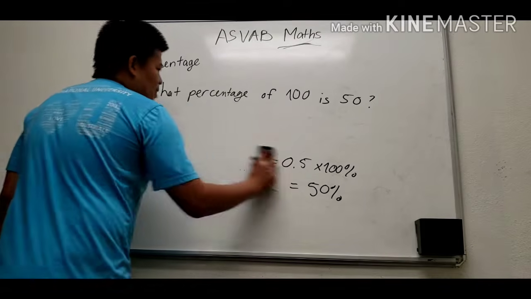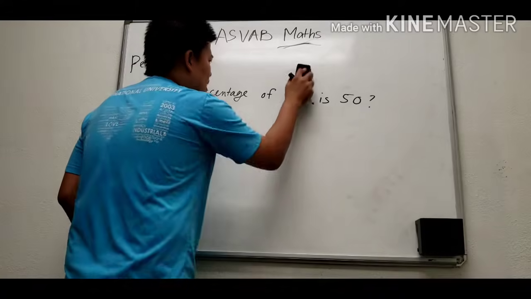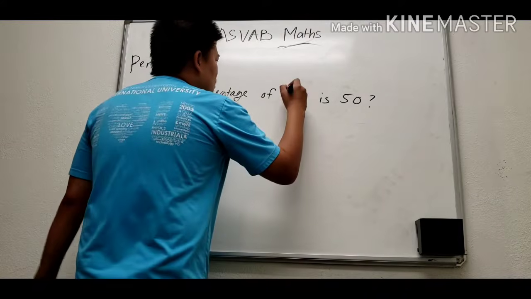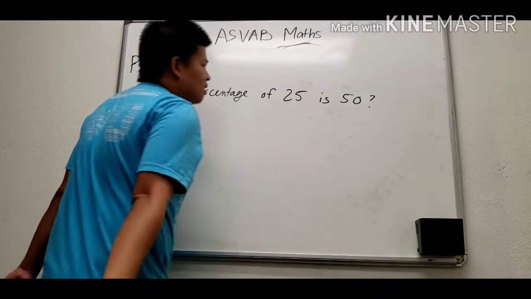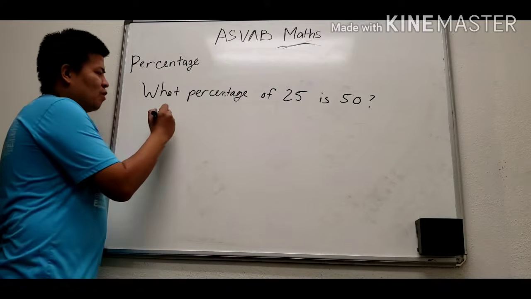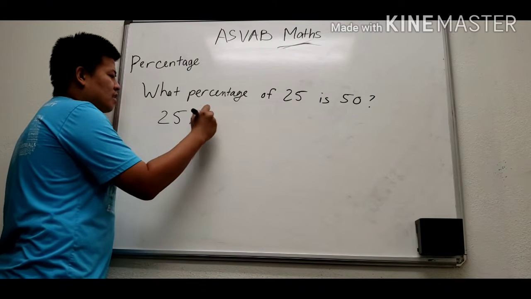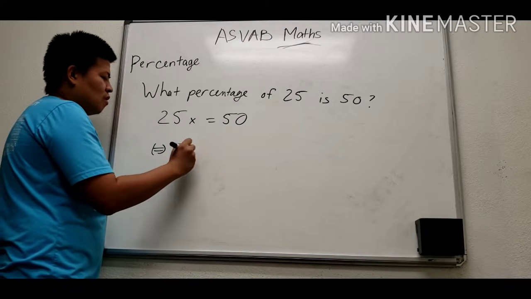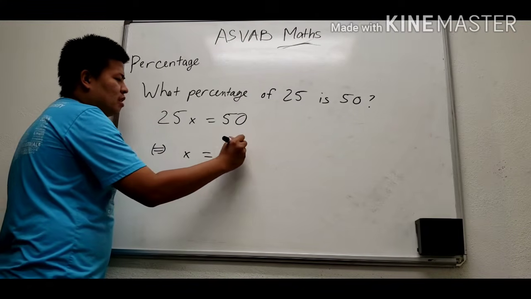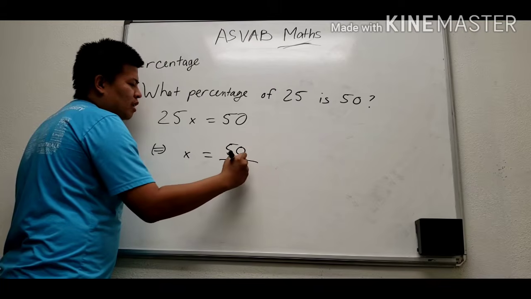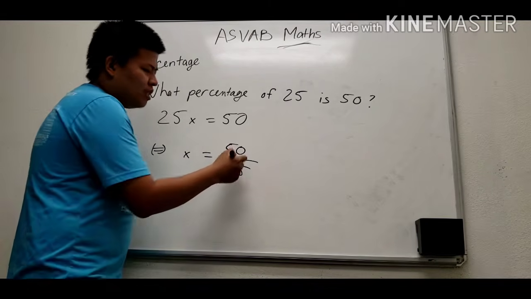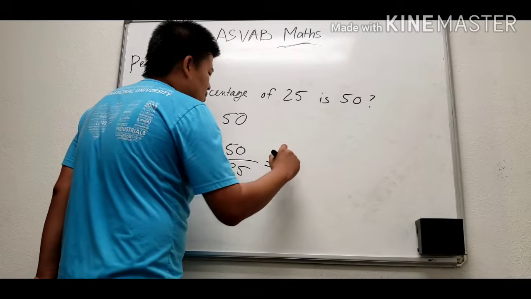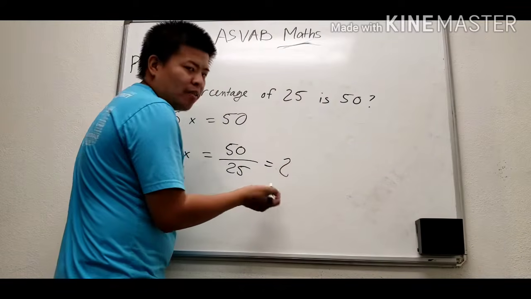Another question is, what percentage of 25 is 50? So we do 25 times S equal to 50. So S equals 50 divided by 25. 50 divided by 25 is 2. We have the number 2 here.